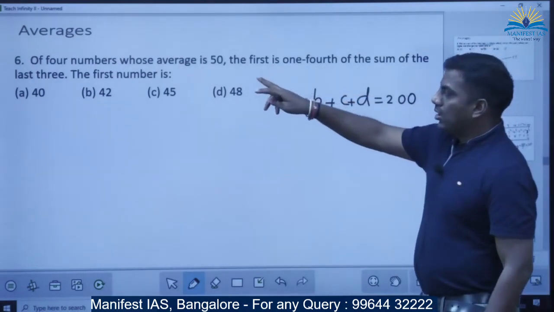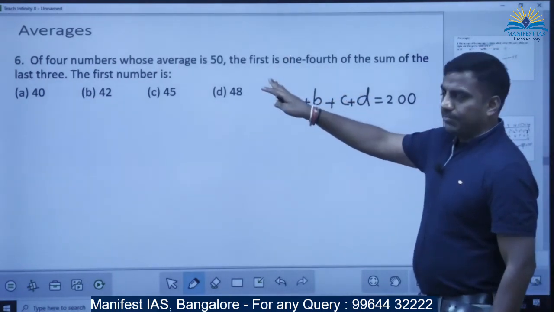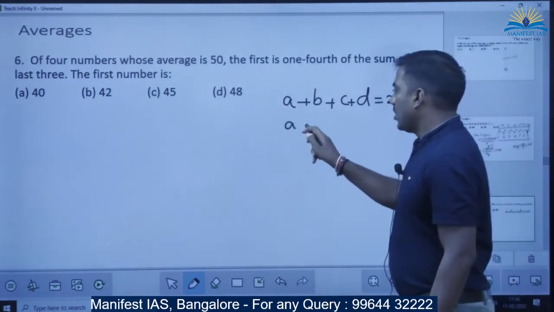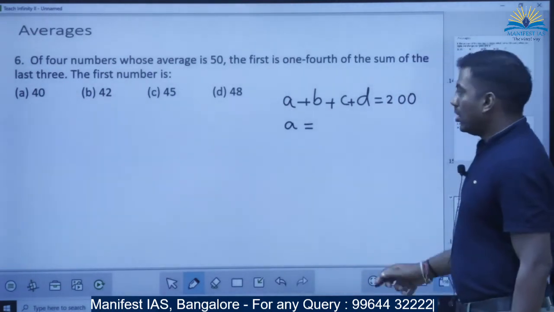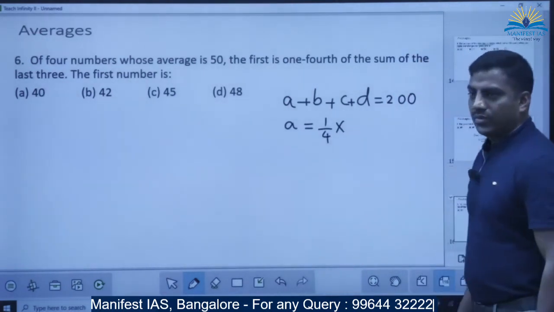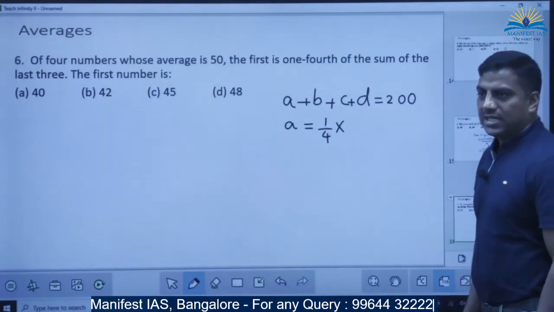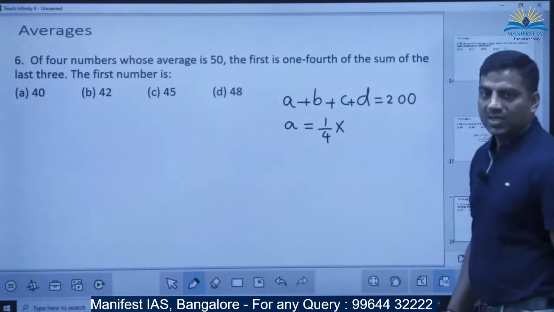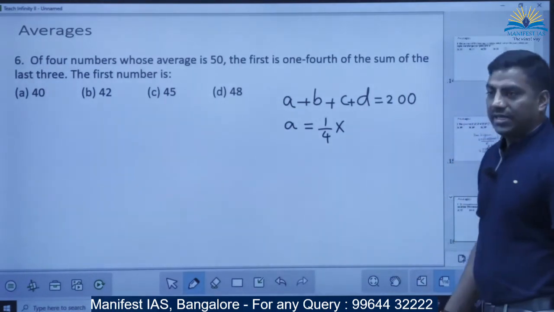Of 4 numbers whose average is 50, the first is what? A is 1/4 of, I am writing every logical thing, 1/4 of the sum of the last 3.